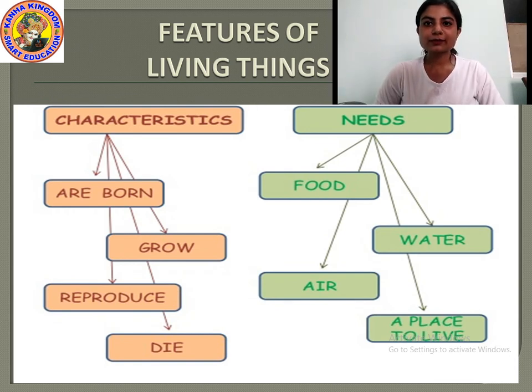So now students, what are the features of living things? What are the characteristics of living things? How can you say that the things which have got life are called living things? Living things are born. That means living things take birth.